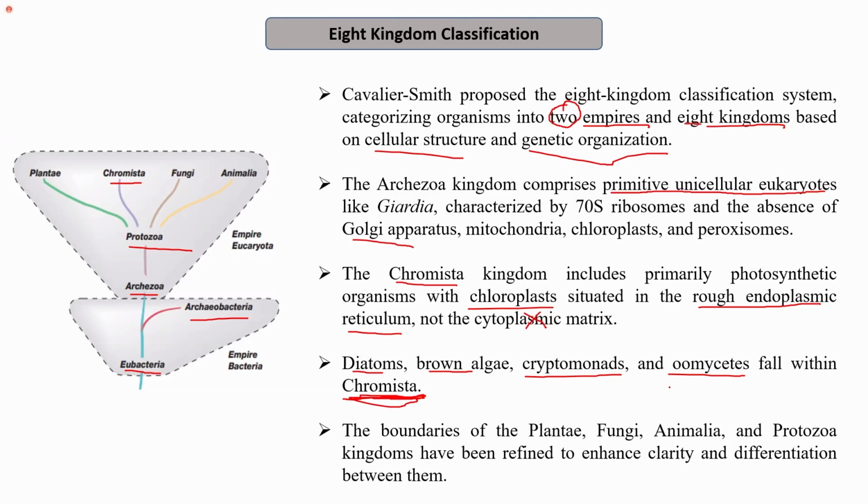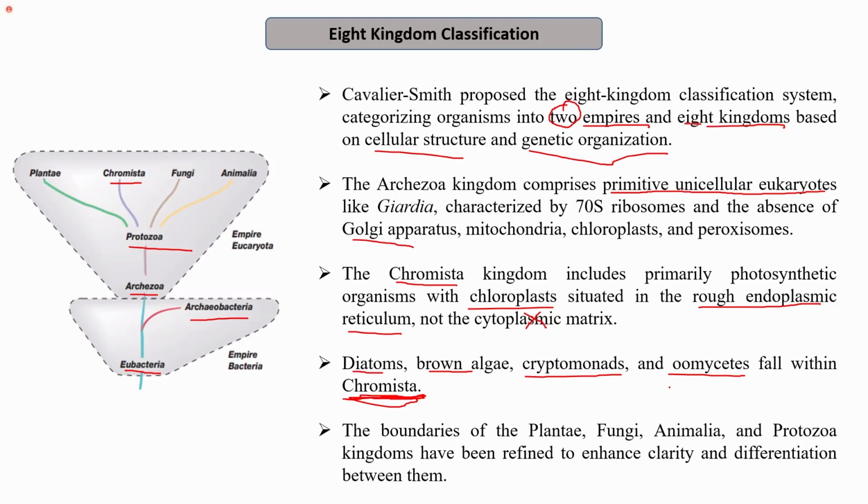And this is not the end of the classification system, because as we are learning more about the organisms and advancing in the field of technology, we are able to better understand the genetic composition and molecular phylogeny. With this increase in knowledge about the phylogenetic relationship between the organisms and their genetic makeup, we are able to classify the organisms in a more appropriate manner.